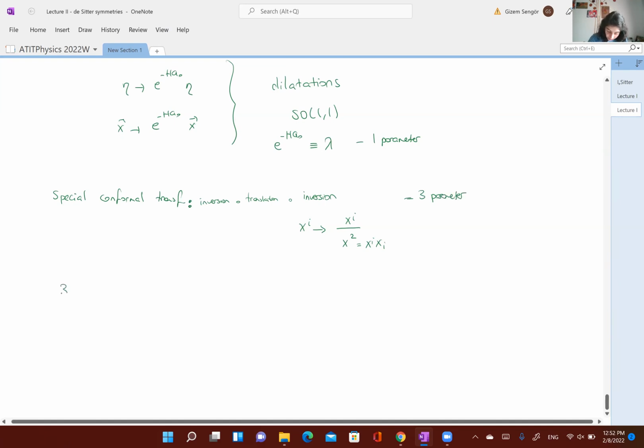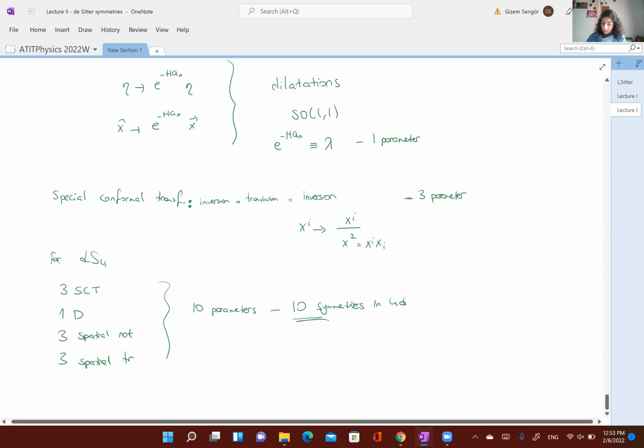Now, we have 3 special conformal transformations, 1 dilatation, 3 spatial rotations, and 3 spatial translations for 4-dimensional de Sitter. So all together, we have 10 parameters. So this means 10 symmetries, isometries in 4 dimensions.